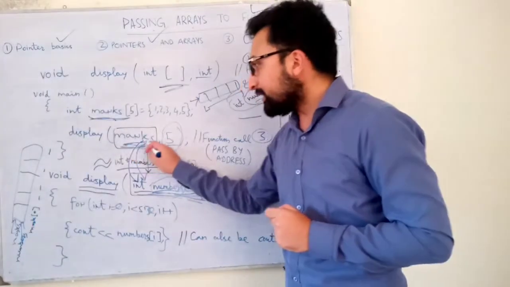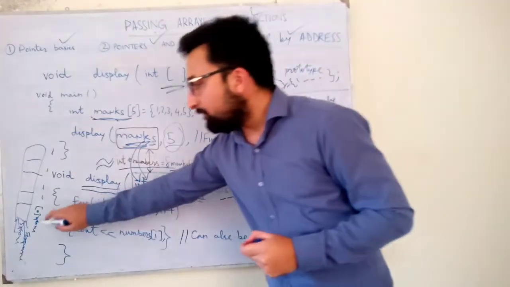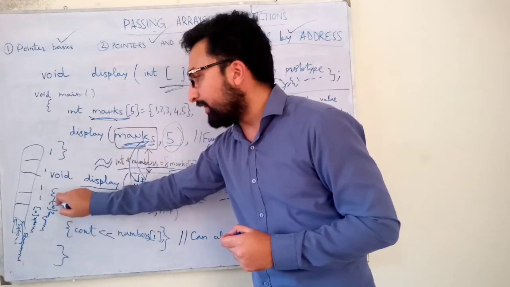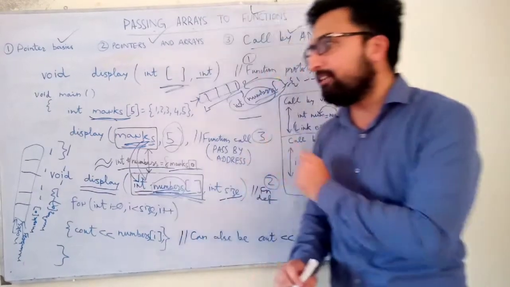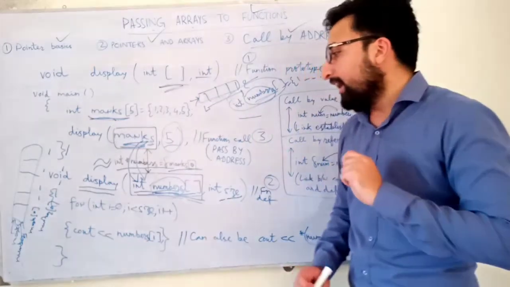So now marks and numbers both point to the same address, and just like we did marks of 0, we can do numbers of 0, numbers of 1, numbers of 2, numbers of 3, numbers of 4, and they will give us the elements of the same array in the same place in memory.